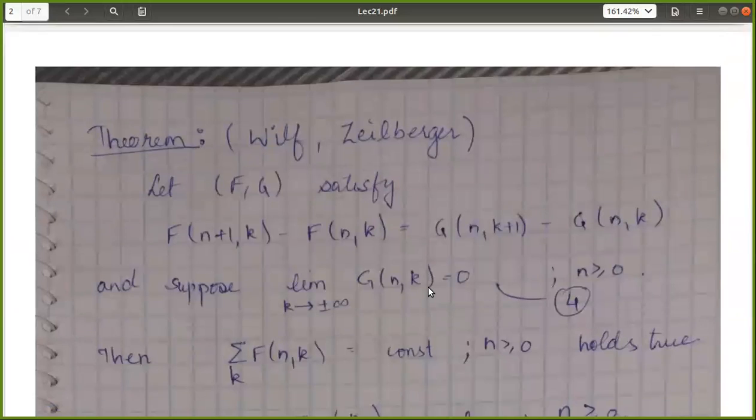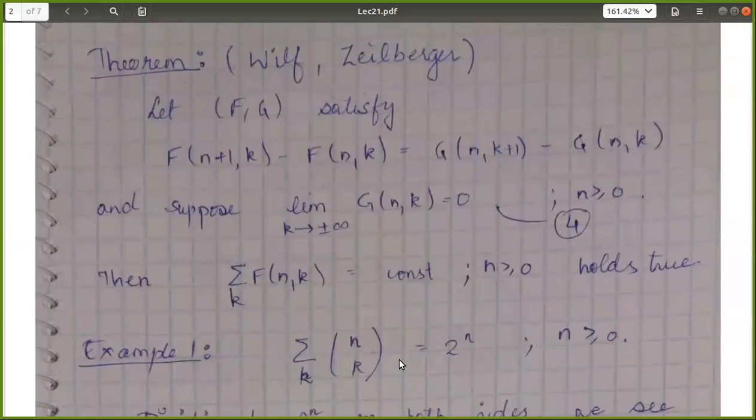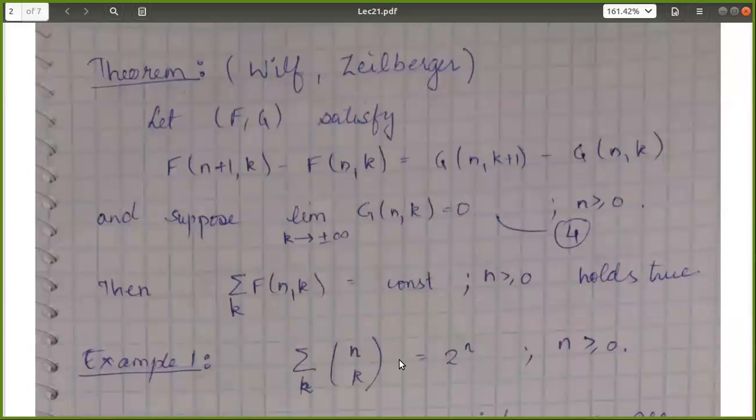For k, the kth term will be n factorial by k factorial times n minus k factorial.